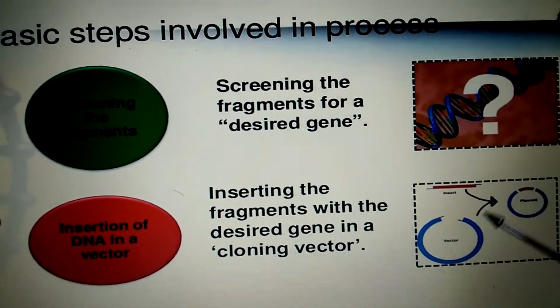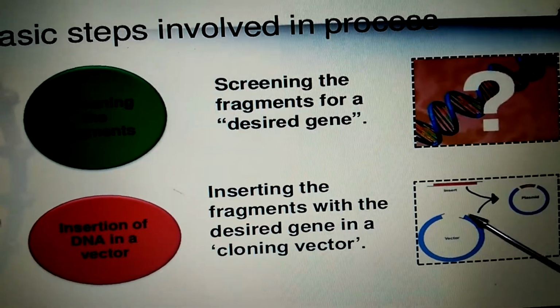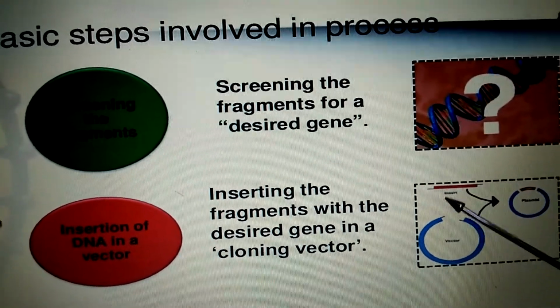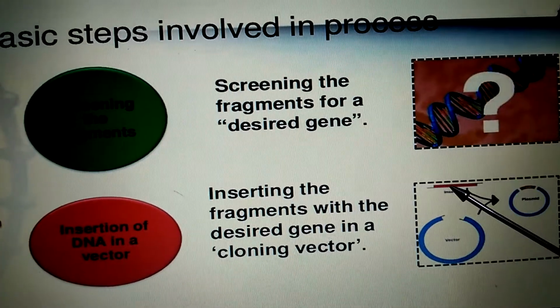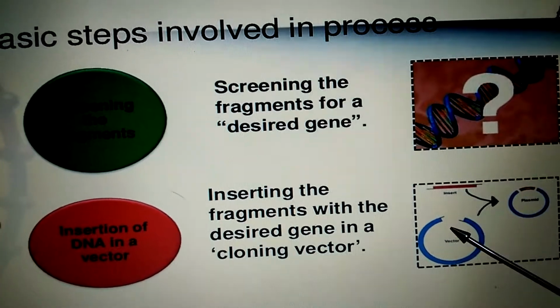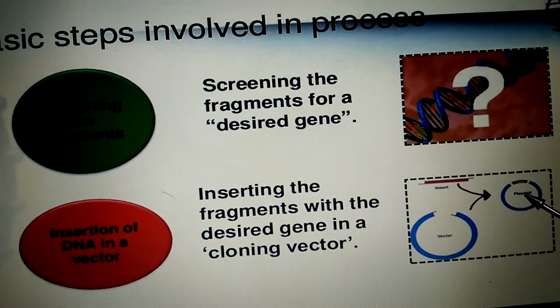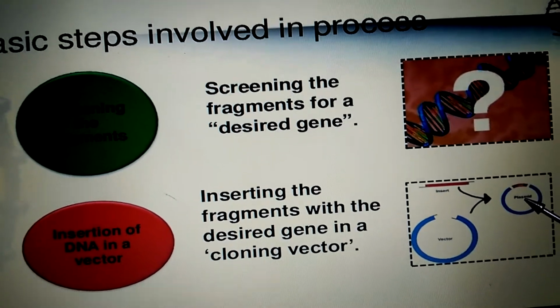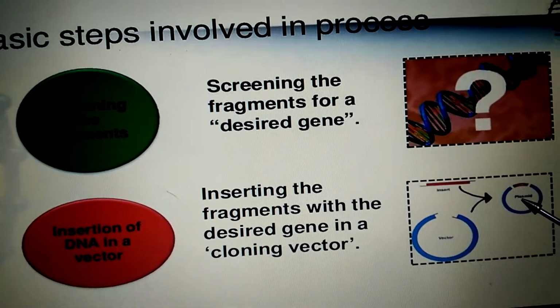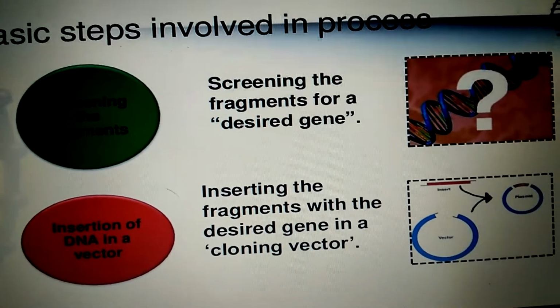This is the vector where this required DNA is added, and the plasmid vector works as a conveyance or the vector to move to the host.